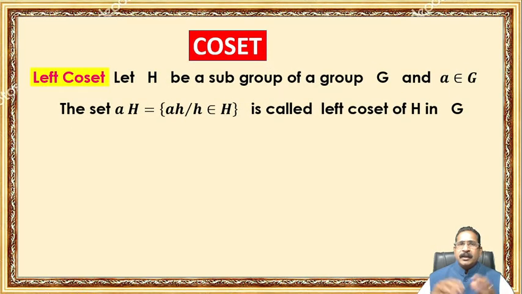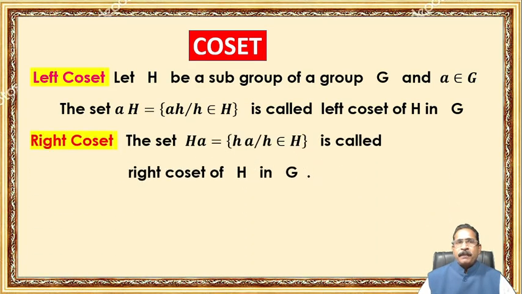Let H be a subgroup of group G and a is an element of G. Then the set aH is equal to the set of all ah such that h belongs to H. This is called a left coset of H in G.